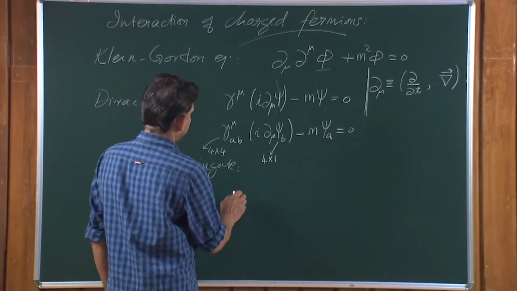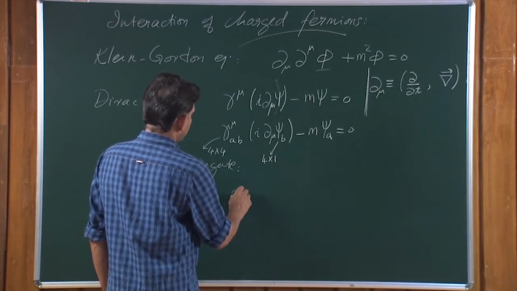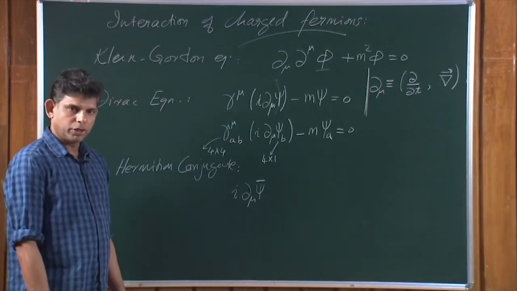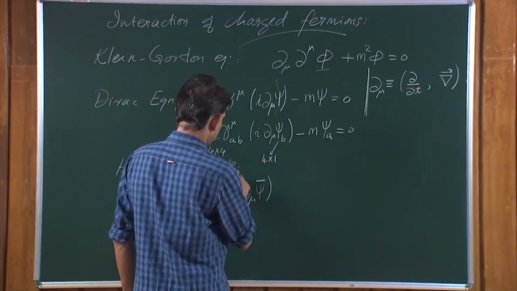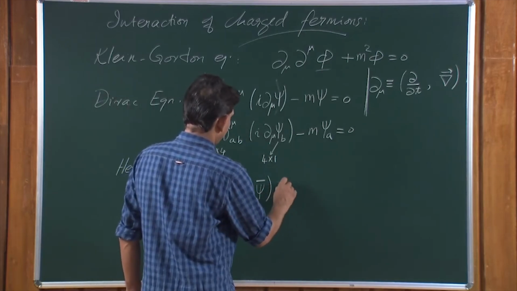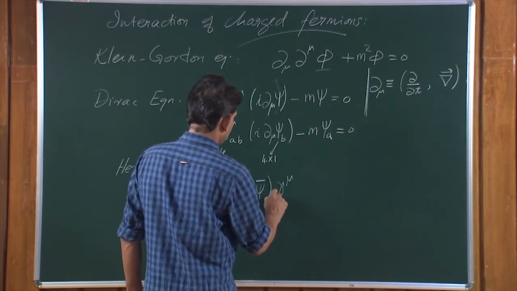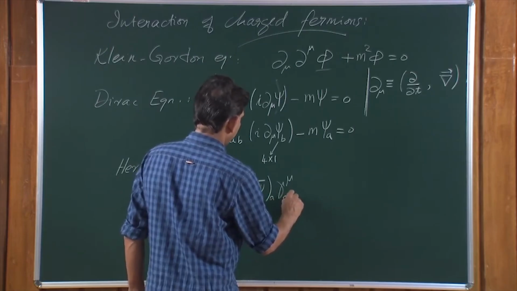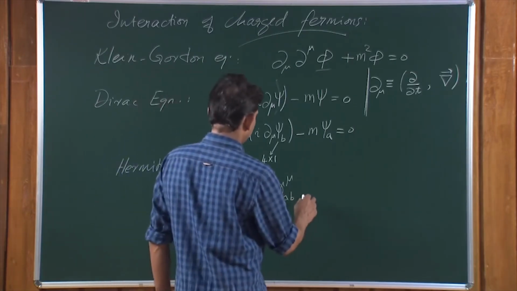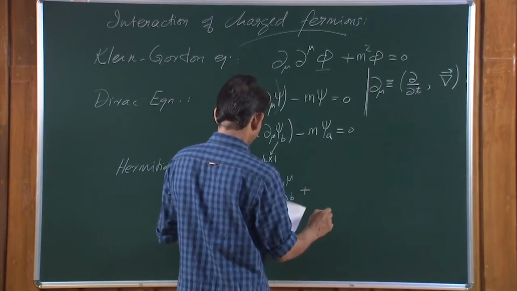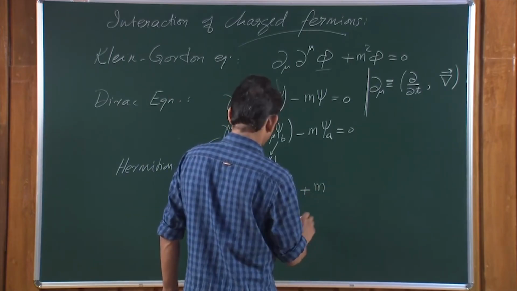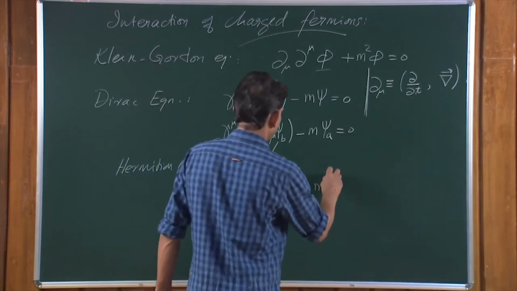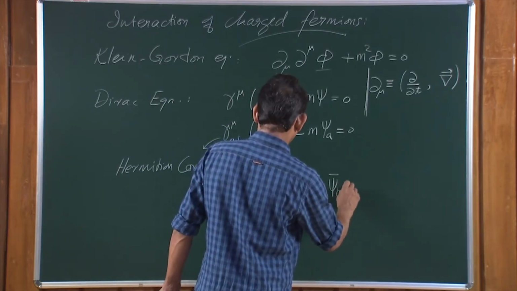That is basically i dou mu psi bar gamma mu, an object which we will define in a minute, plus m psi bar B is equal to 0.